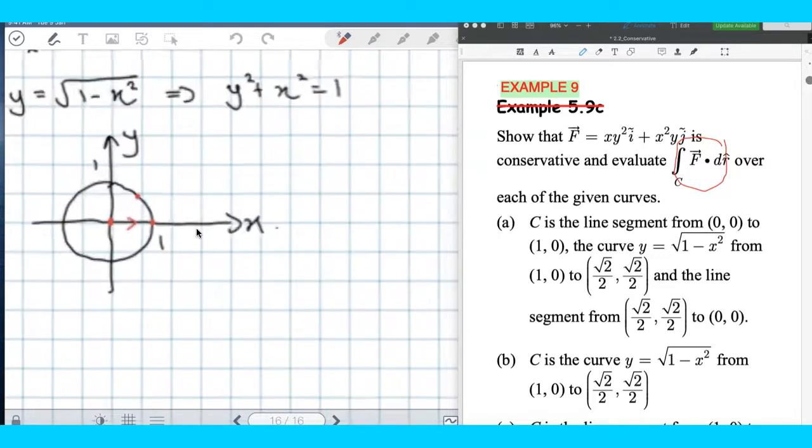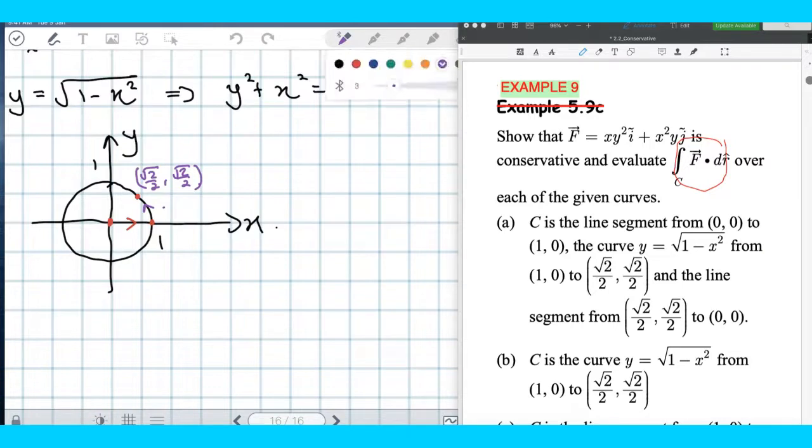So from 1, 0 to square root of 2 over 2, square root of 2 over 2 along the circle, and then the line segment from square root of 2 over 2, square root of 2 over 2 to 0, 0. So you have this one. So you got 3 curves there, C1, C2, then C3.